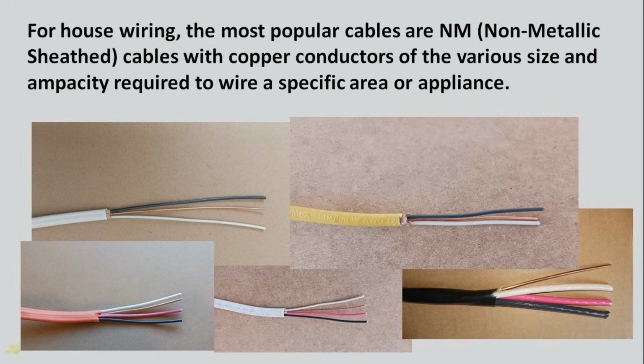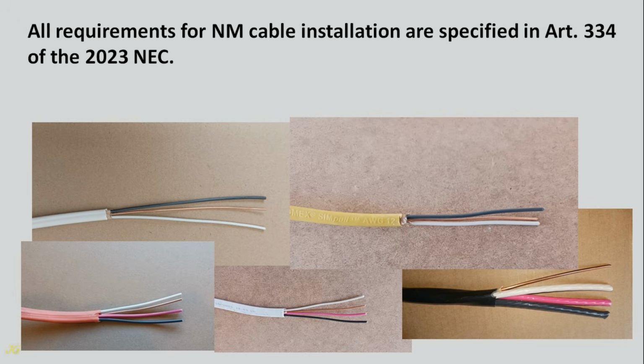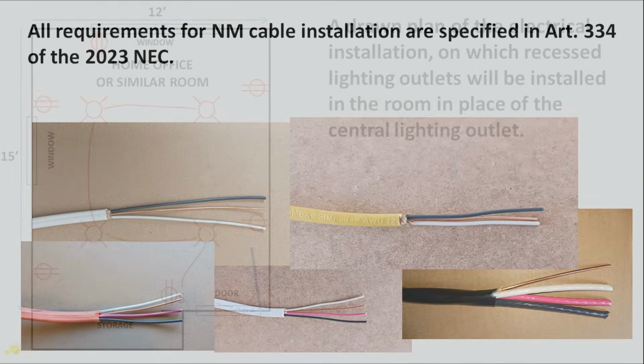For house wiring, the most popular cables are NM, non-metallic sheathed cables with copper conductors of the various size and ampacity required to wire a specific area or appliance. All requirements for NM cable installation are specified in Article 334 of the 2023 NEC.